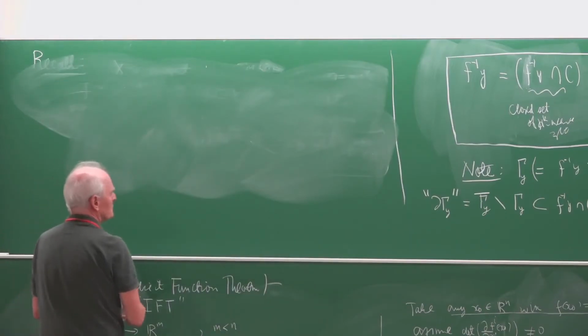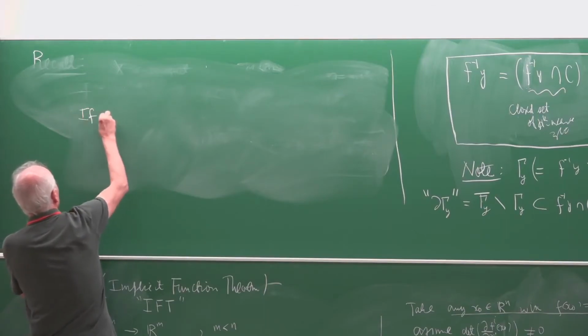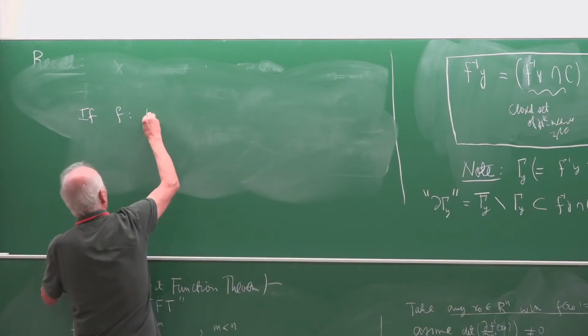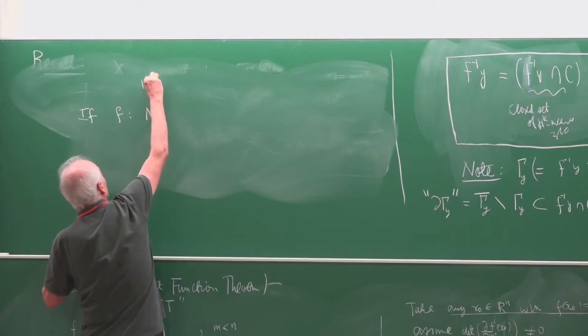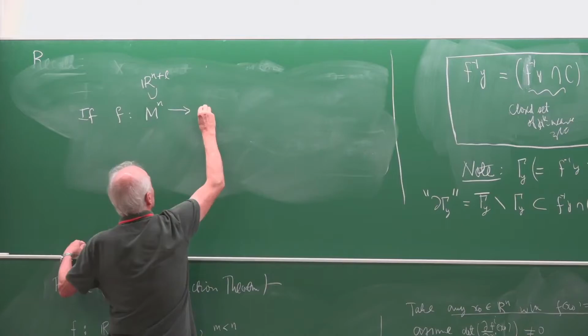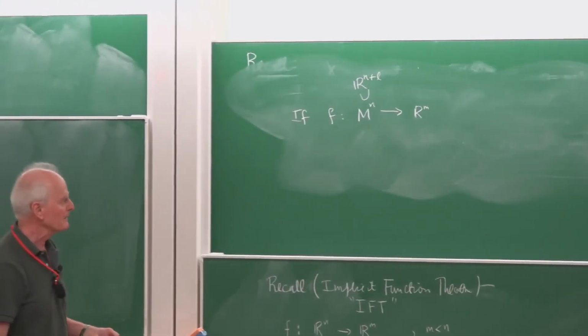Notice it also works if, instead of R^n, you have a submanifold of R^(n+l) mapping into R^m. The same argument applies that we used in the Euclidean case. Define the critical set in exactly the same way: where the induced linear map has rank less than M, less than the maximum.